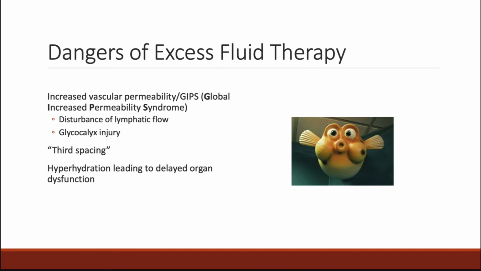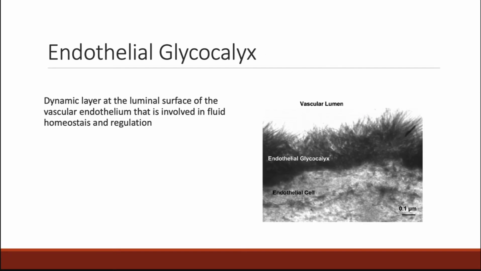We can also see this affect organ dysfunction as well. So we don't want to give more fluid than is needed. This is a little explanation about the endothelial lining. That endothelial lining 25 years ago, we didn't think was a big deal.